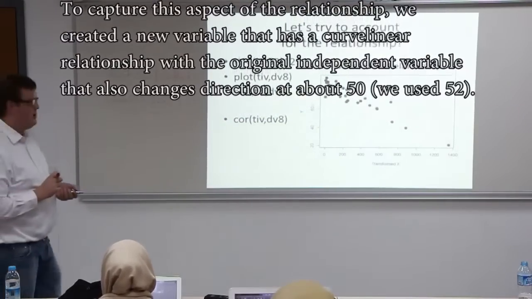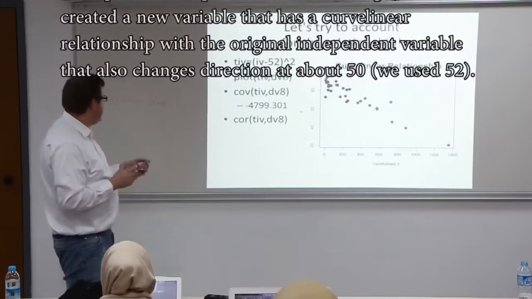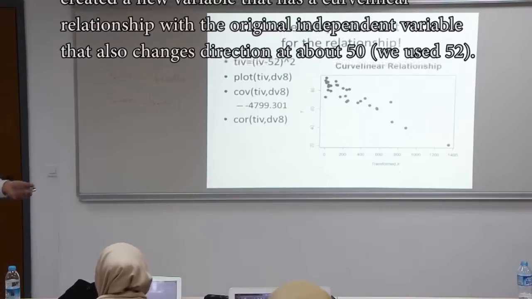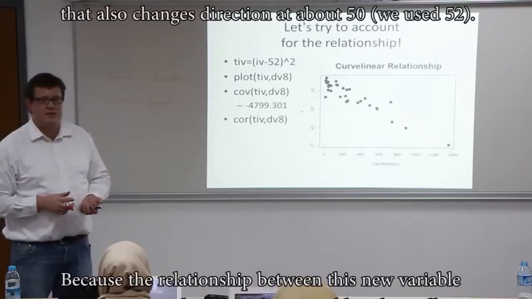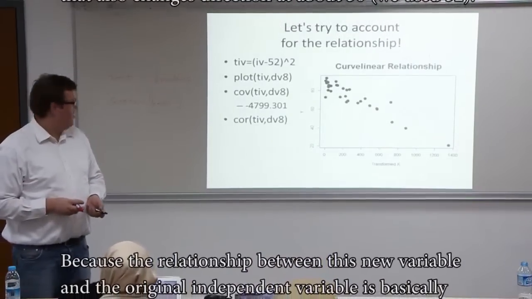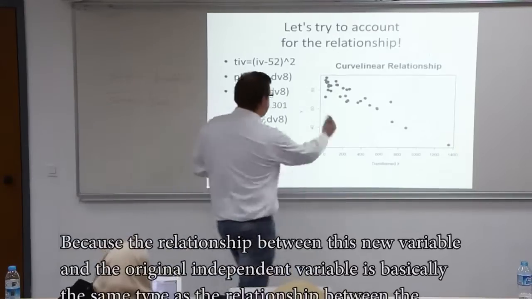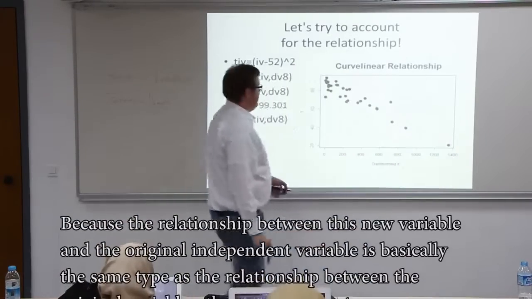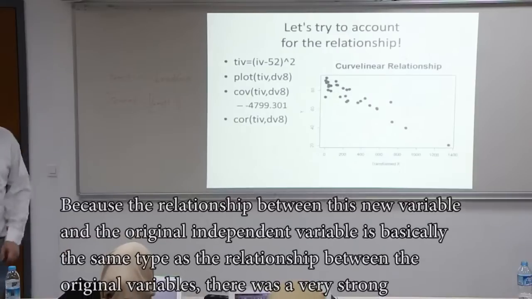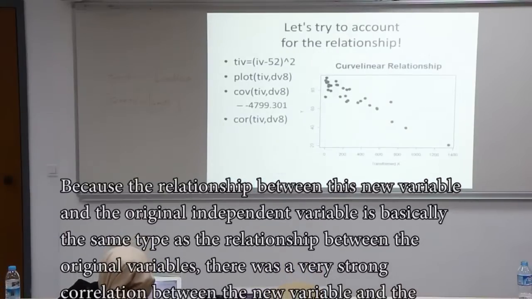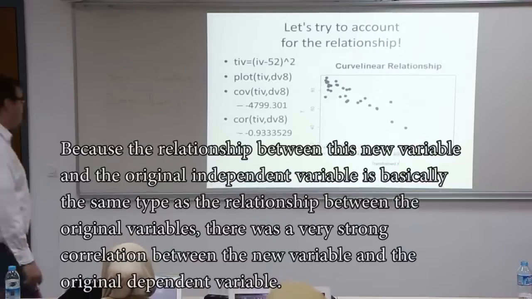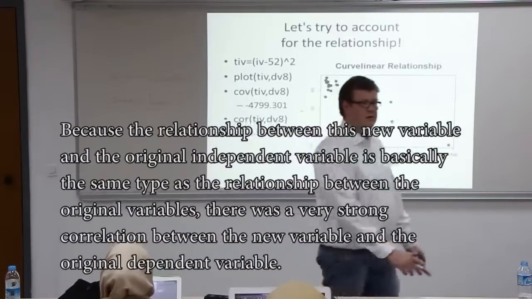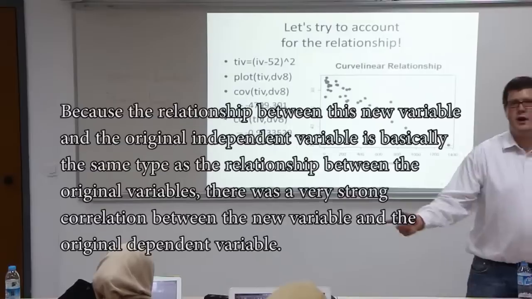Minus 4,700, so that's smaller. So you might think that the correlation is going to be smaller. But if you look at the scatter plot, you think, oh wow, this looks like it fits pretty well. And so what's the correlation? Minus 0.933 something? Or minus 0.9?